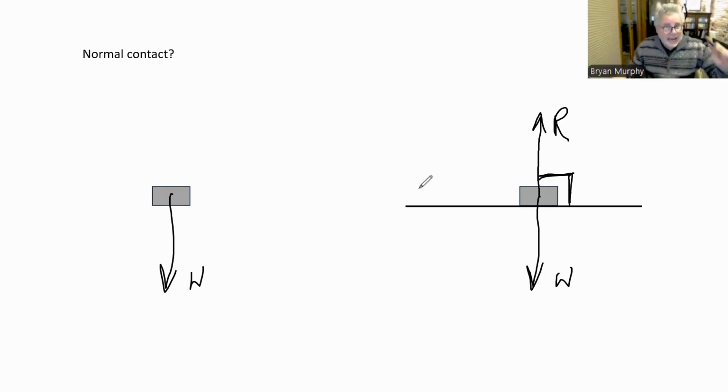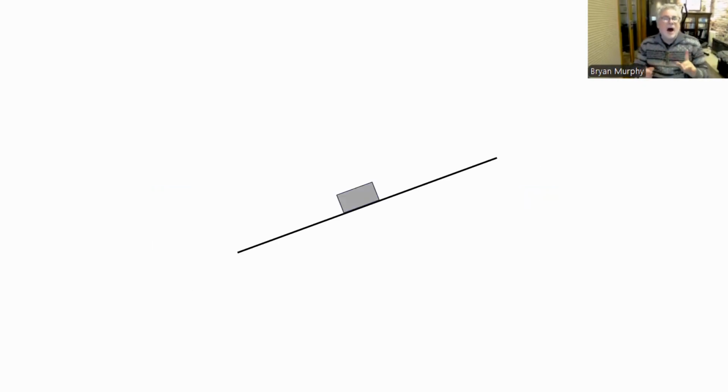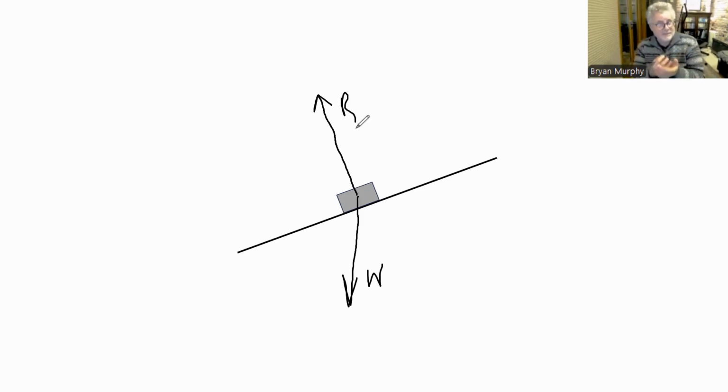Now I'm going to make life a little bit more complicated, and tip this thing up. The weight is acting downwards like that. The normal reaction force is going up like that. Now, if this body is moving at a constant speed, and please check the question for stationary or moving at a constant speed, then Newton's law tells you there is no resultant force.